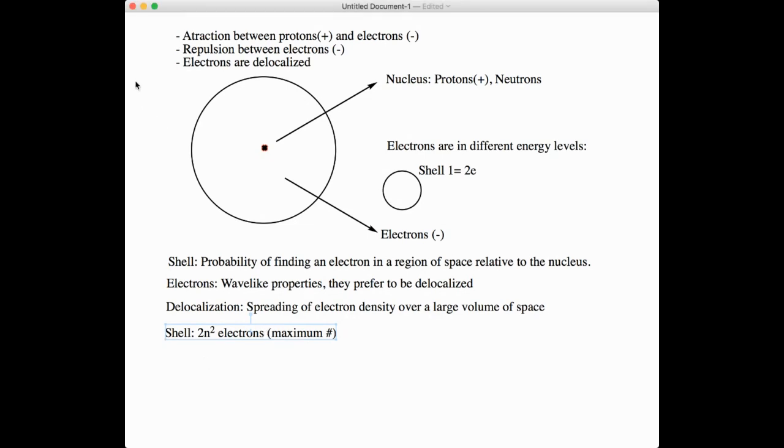So for shell number one, how many electrons can we expect to have in shell number one? Two electrons, beautiful. Max. Shell number two, how many electrons for shell number two? 8, beautiful.